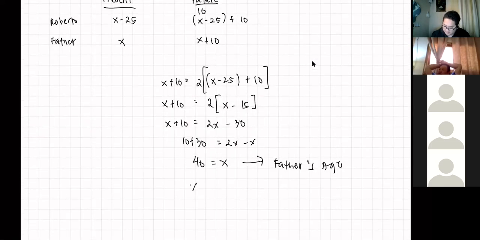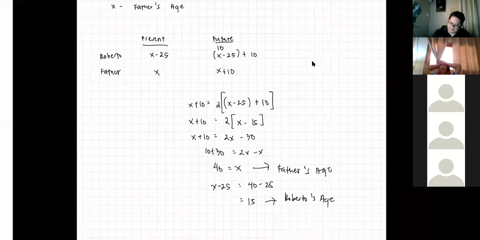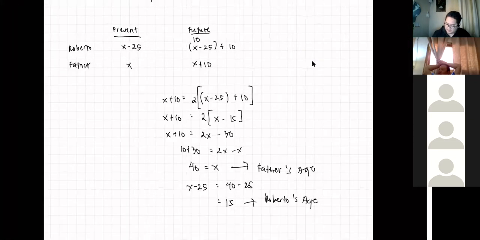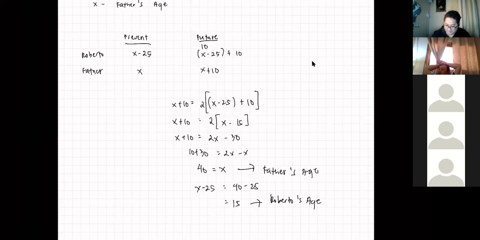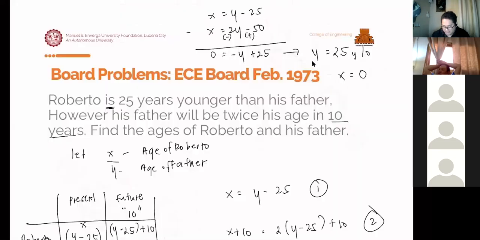Then x minus 25 is equals to 40 minus 25 is equals to 15. So ito yung Roberto's age. Okay? So ang sagot po ay 15 and 40. Okay. Tama yung assumption ni Sir kanina, sir.